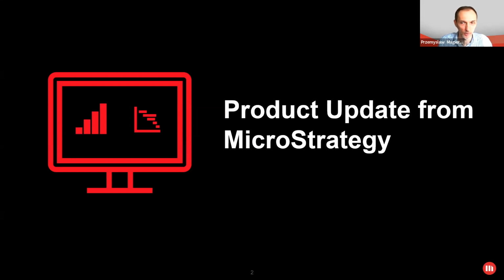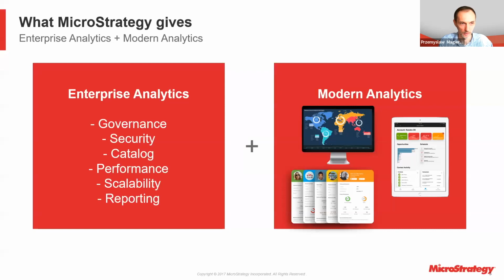So let's start from the product upgrade from MicroStrategy. And I would like to start from this context in which we all operate, in which all the companies should somehow work. So we are typically talking about some needs of the companies which are not limited to nice visualizations. This all is typically in the context of the governed data, right?